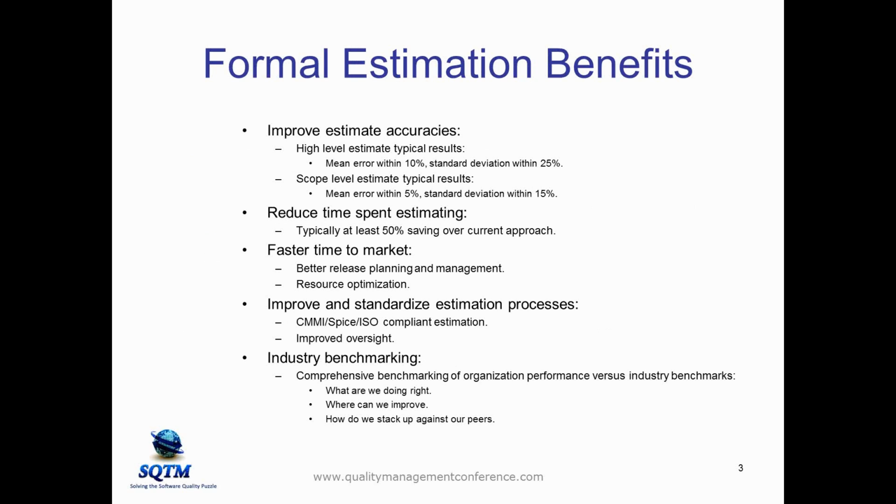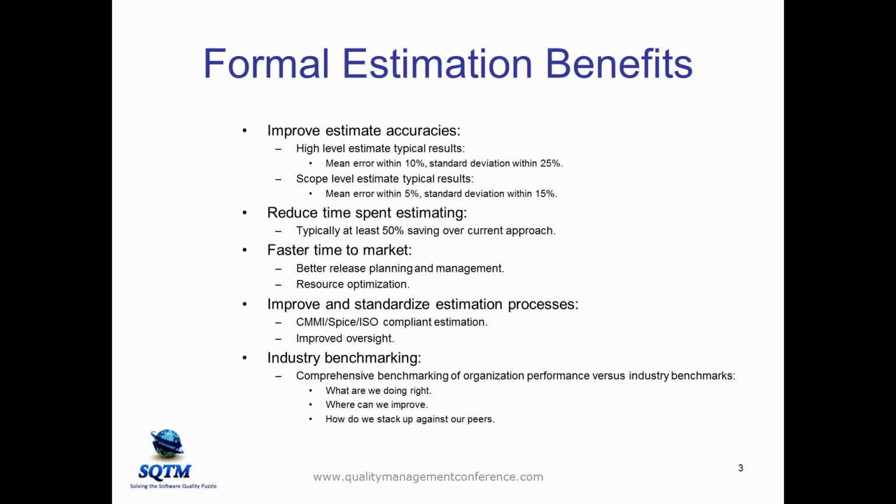When we're talking about accuracy, it's important to recognize that there are two different numbers that we're looking at. A lot of times when people talk about software cost estimation, they're thinking, what's my plus or minus range, or how good are the estimates relative to the actuals? There are really two different numbers that we need to look at.